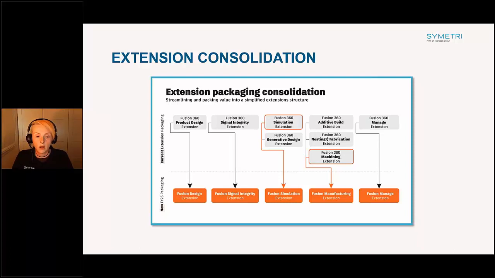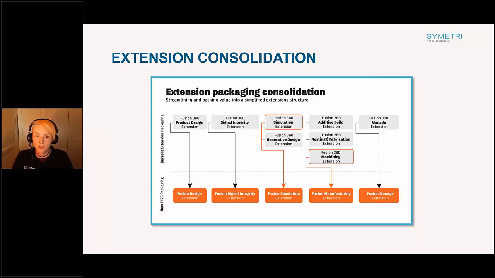So now we've got an extension based around design, which is product design. We've got one for signal integrity, which is based around your PCB and electronics. We've got our Fusion simulation, which is the one that we're working with today, which is now all of your simulation and generative design functions. The machining or manufacturing extension, I keep calling it machining because that's what I was used to before.